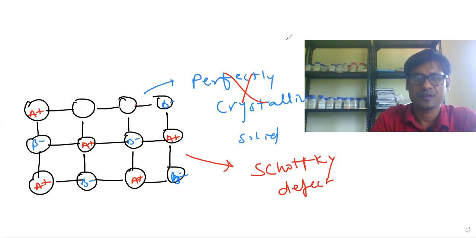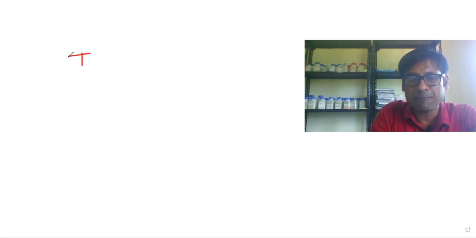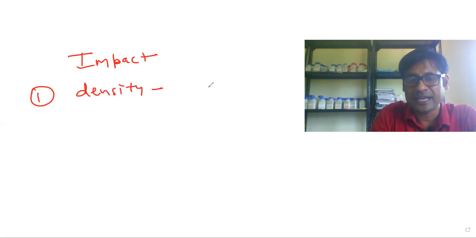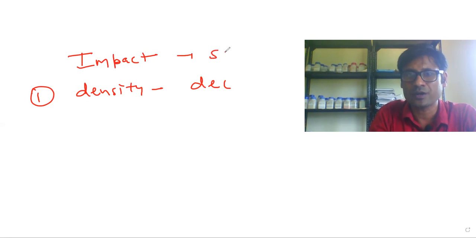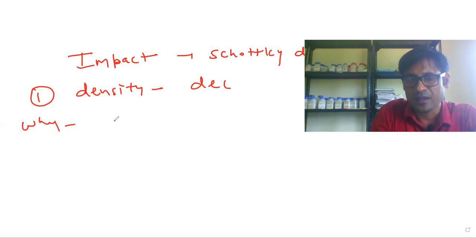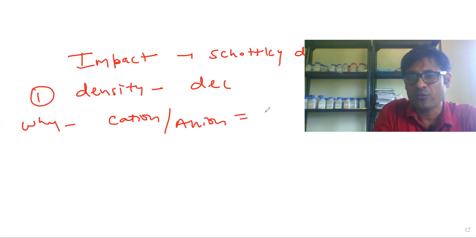And what is the impact? First one is density. Density decreases in Schottky defect. Why? Because cations and anions are missing from their lattice sites.